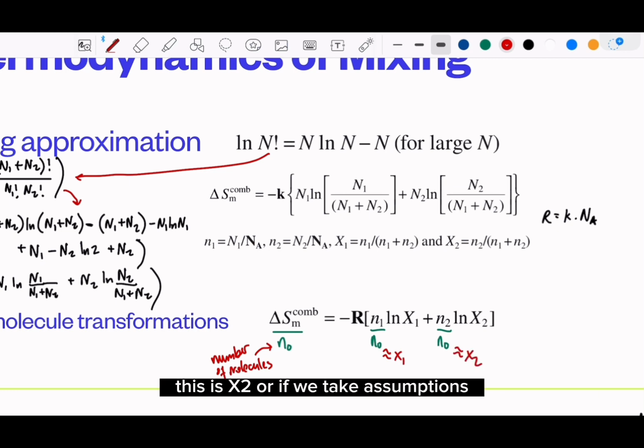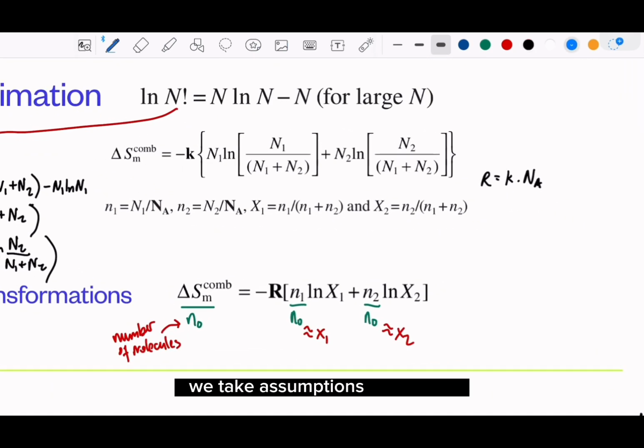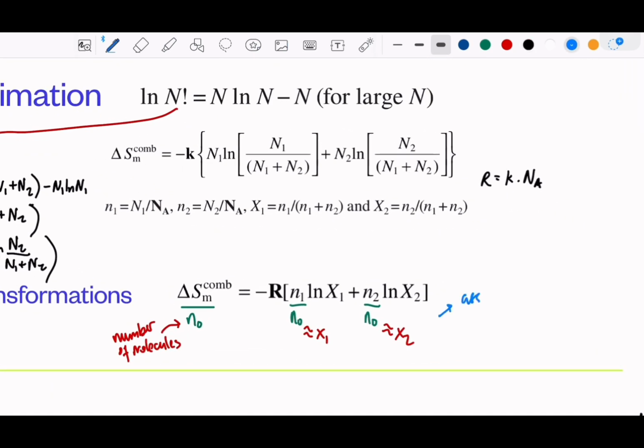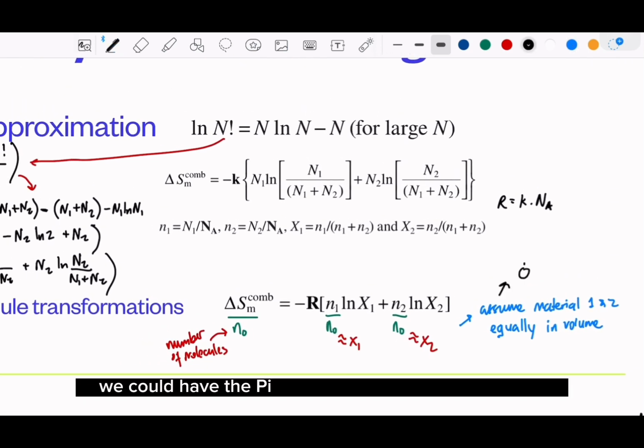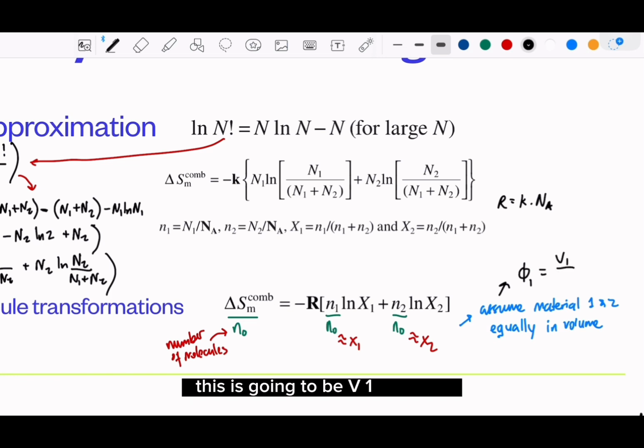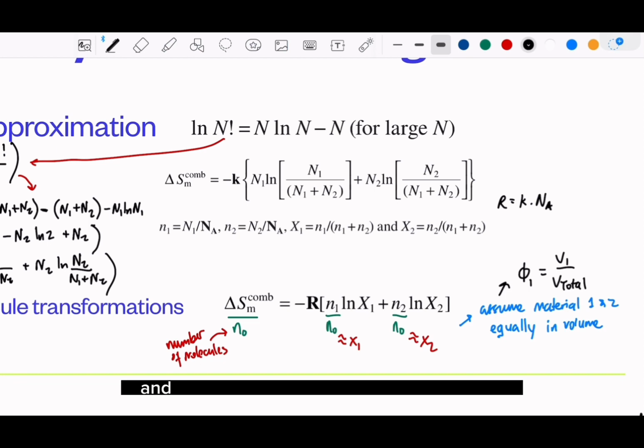Or if we take assumptions, so assume that material 1 and 2 are equal in volume, then we could have phi 1, which is the volume fraction. This is going to be V1 over V total, and also we have the volume fraction 2 as well.